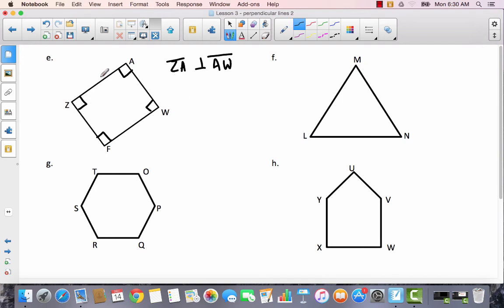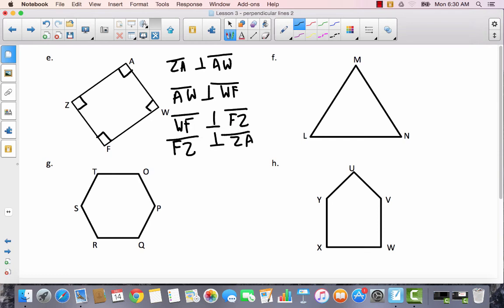Okay, so that takes care of this line segment. Now I'm going to say line segment AW is perpendicular to line segment WF. Line segment WF is perpendicular to line segment FZ. And line segment FZ is perpendicular to line segment ZA. So that should have got all of them.